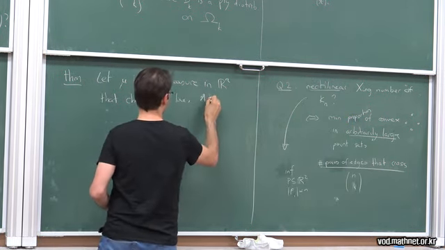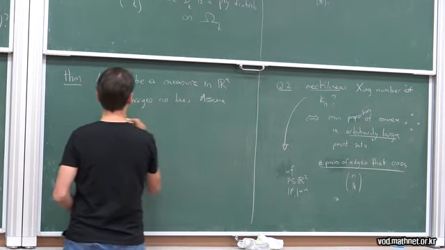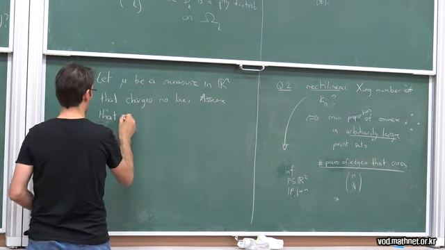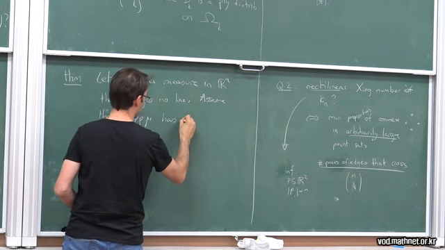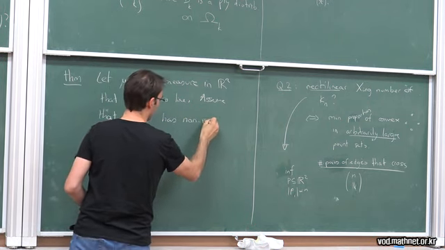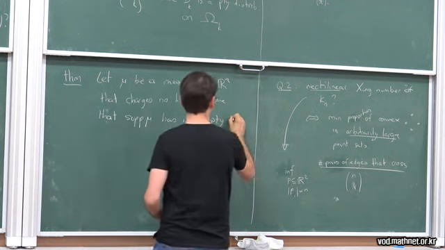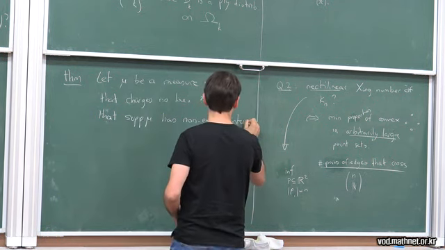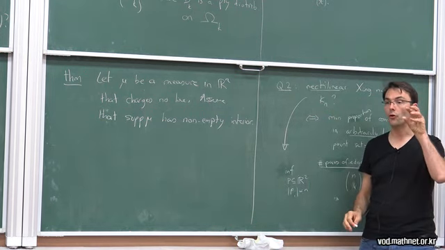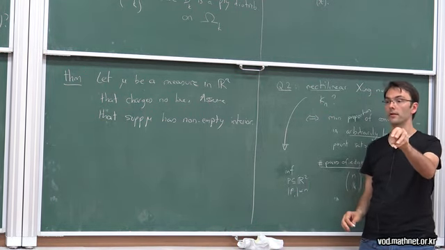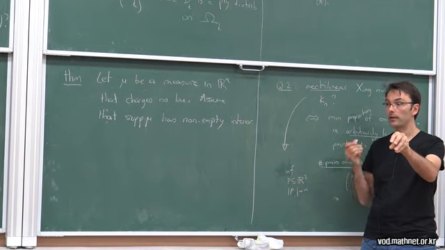Assume that the support of mu has non-empty interior. What it means is there is a point where no matter how small a disk you place centered at that point, the disk will have strictly positive measure.